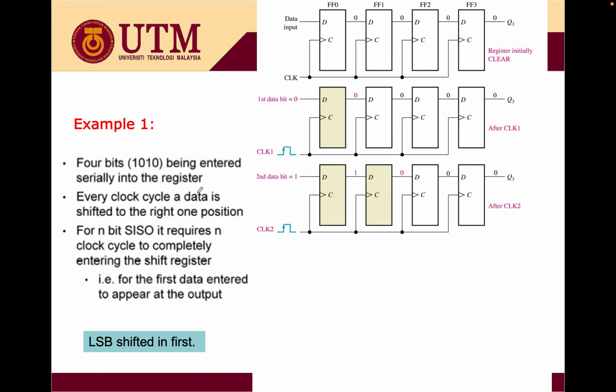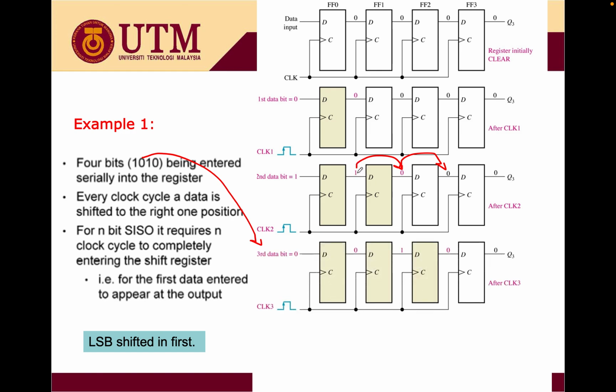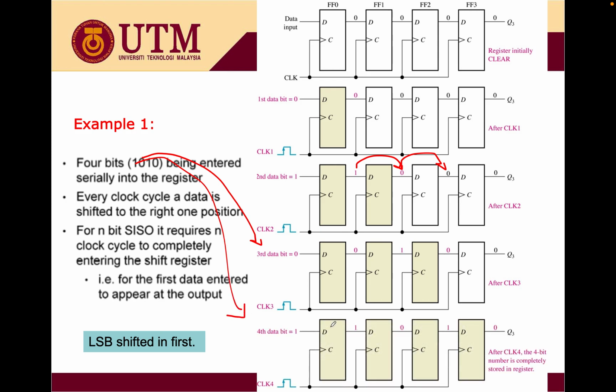And when you have another, the third one, you're going to move this to here and this one to here, and the new input will be at this first flip-flop. Okay, then you get here. And lastly, this bit 4, the MSB, you're going to have 1. So everything will be shifted.